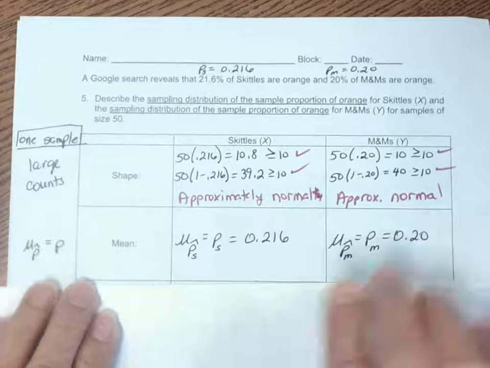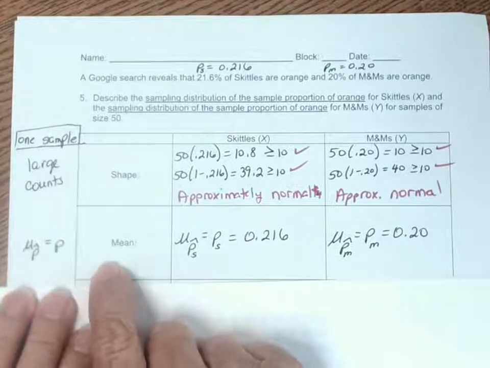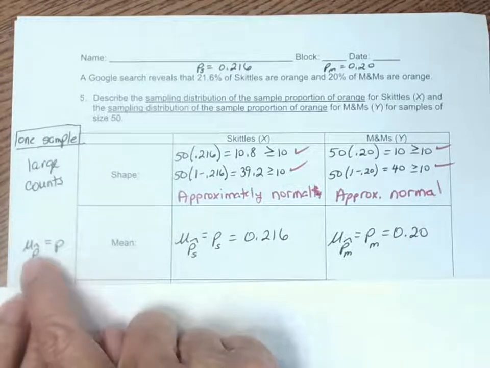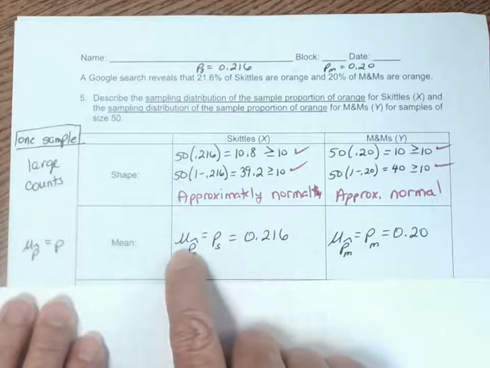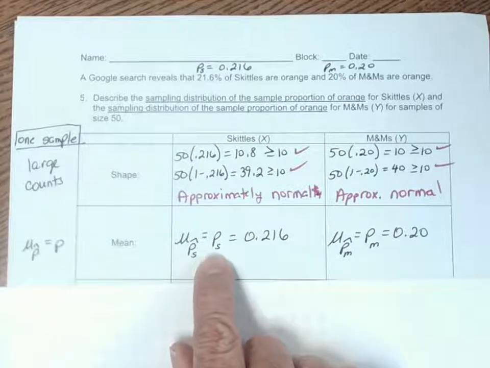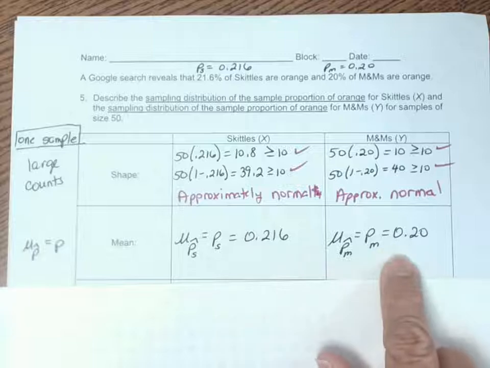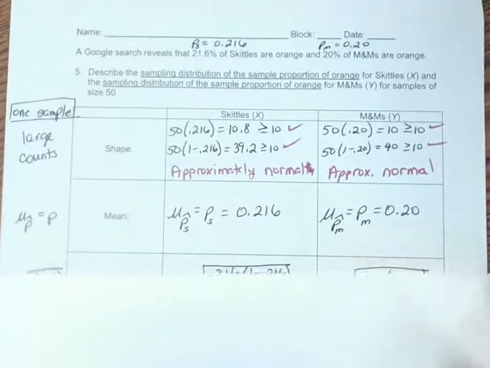To find the mean, the mean of p hat is going to be the same as the population proportion. So what I'm going to say is that the sample mean is equal to the population mean, which is 0.216 for Skittles and 0.20 for M&Ms.